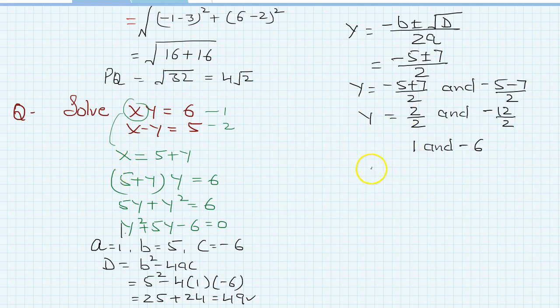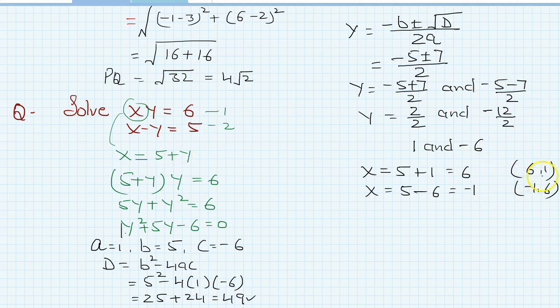So x is equal to 5 plus, if y is 1, x is 6. So the coordinate is 6 and 1. And x is equal to 5 plus y means minus 6, that gives minus 1. So the other is minus 1 and minus 6. So these are the values.